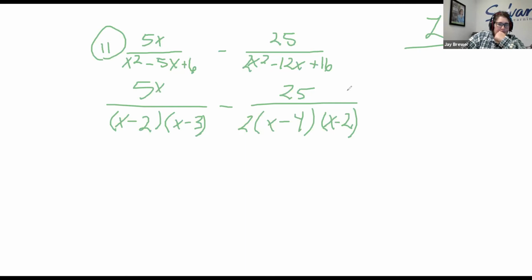What do you guys think? Remember, the LCD is going to have each part represented once. So is it going to be the 2 and then x minus 4, x minus 2, x minus 3?